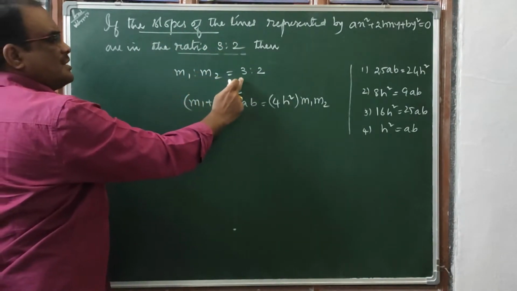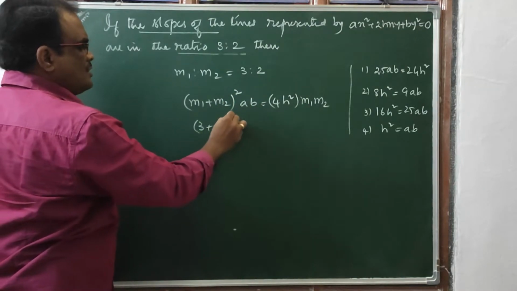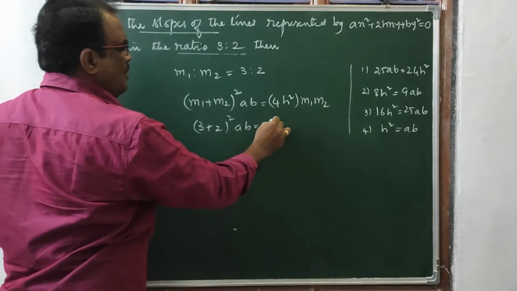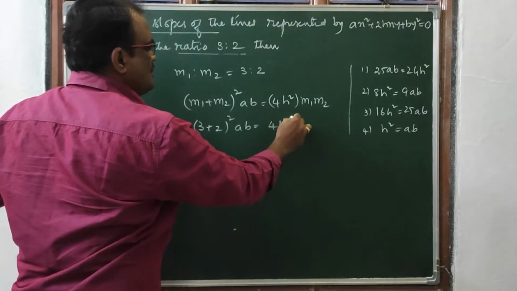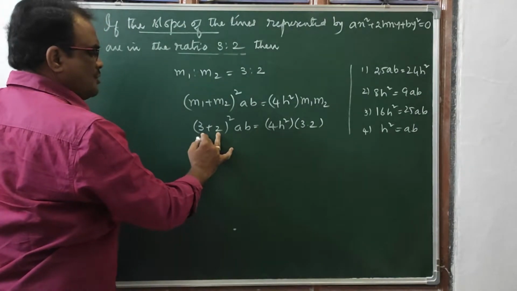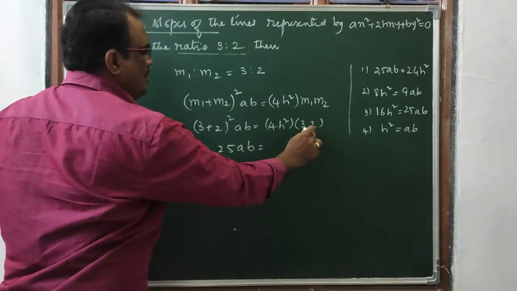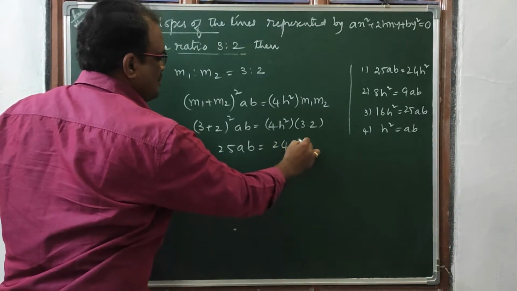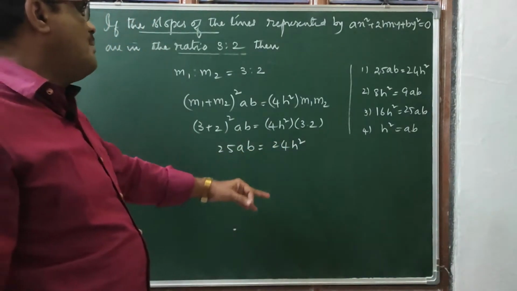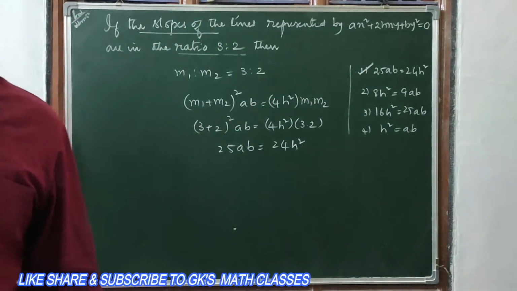Here the ratio is given as 3:2. So (3 + 2)²ab = 4h²·3·2. 3 + 2 is 5, so 25ab = 24h². That is the right choice.